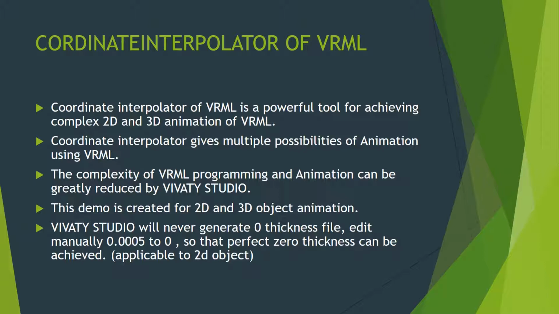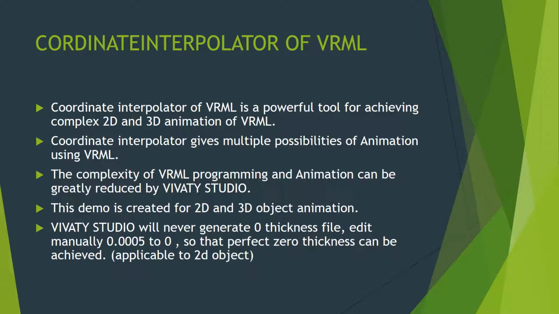This demo is created for 2D and 3D object animation. So we can animate 2D as well as 3D objects with the coordinate interpolator. Vivati Studio will never generate a zero thickness file, so we have to edit the thickness manually.